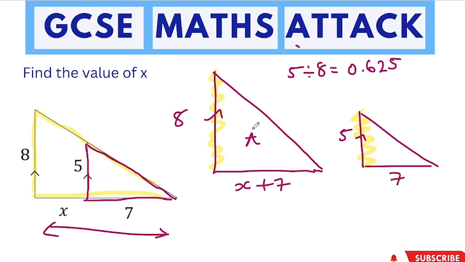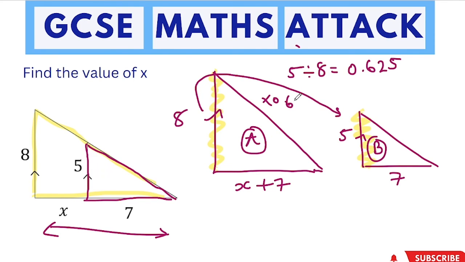Now, to go from shape A to shape B, I need to multiply by 0.625. So if I do 8 times 0.625, it will give me 5 centimeters. Okay, so from shape A to shape B, I'm going to times by 0.625.